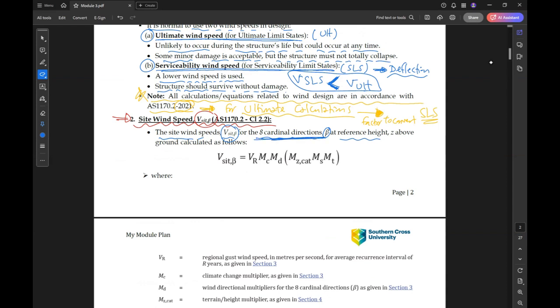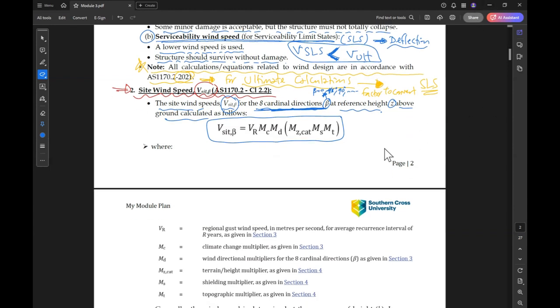Sorry, beta is not the reference height, it is the direction. So we have 8 directions, each with an angle of beta. So we have beta 0, beta 45, and beta 90, and so on. At the reference height Z above the ground, calculated as follows. So this is our formula for site wind speeds.